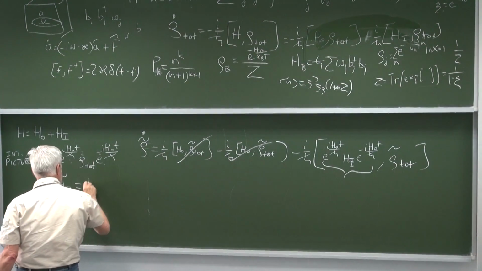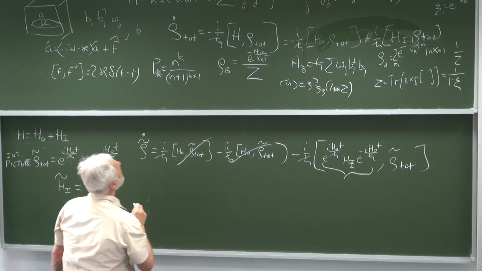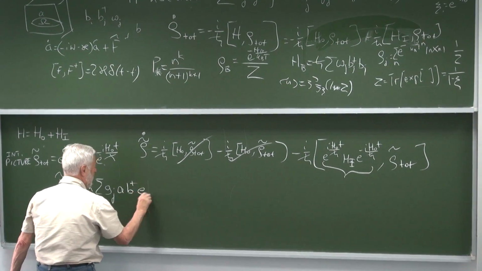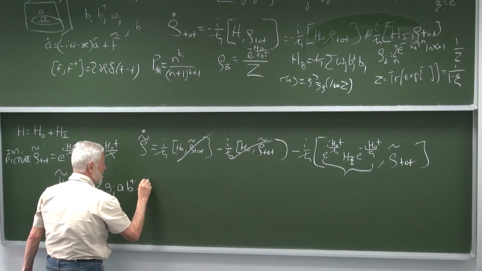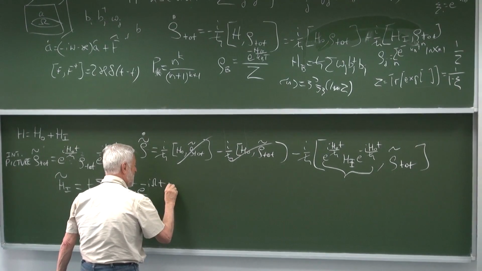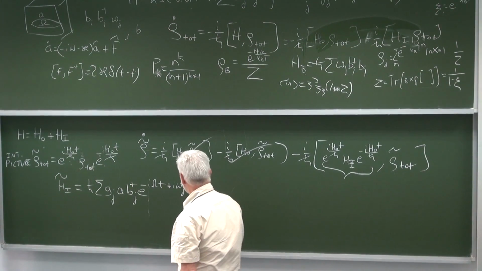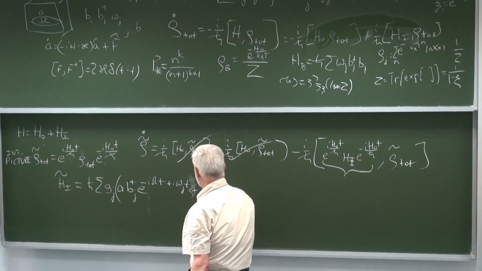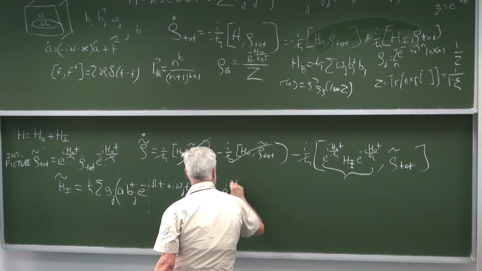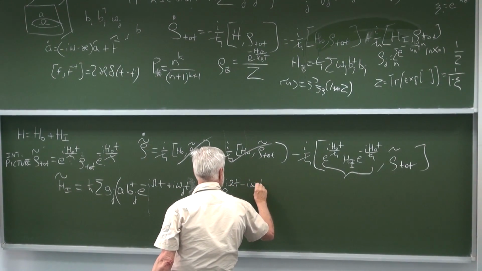So it is simply h bar sum over j, say, first term, a times b_j dagger, and then the a oscillates with minus i omega t, and b_j oscillates with plus i omega_j t, plus of course Hermitian conjugate, so plus a dagger b_j e to i omega t minus i omega_j t.